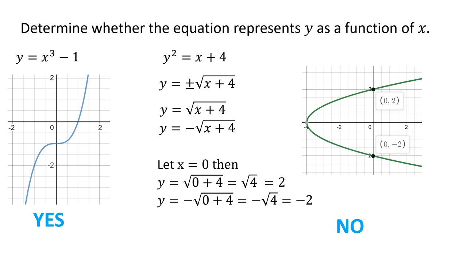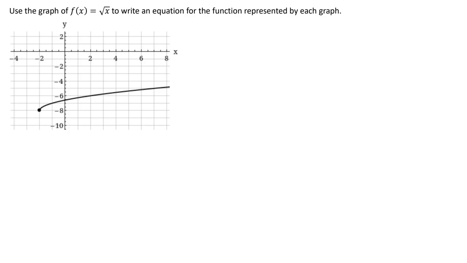Okay? All right. So let's look at functions and some of the transformations on functions. On this particular example, they say use the graph of f of x equals the square root of x to write an equation for the function that's represented here. When we went through our library of functions, we know that the square root of x starts at the origin and looks like this.